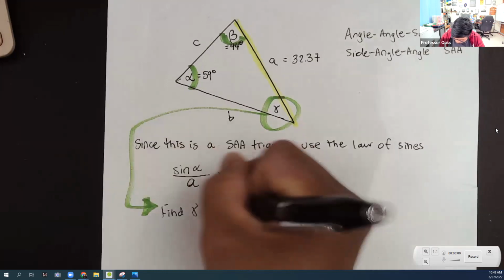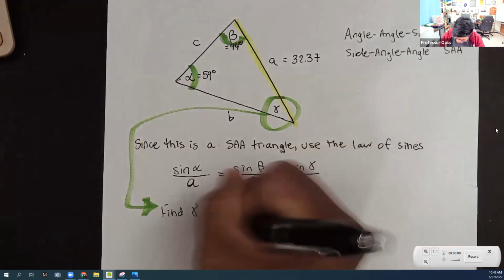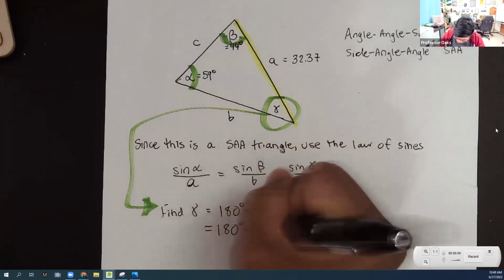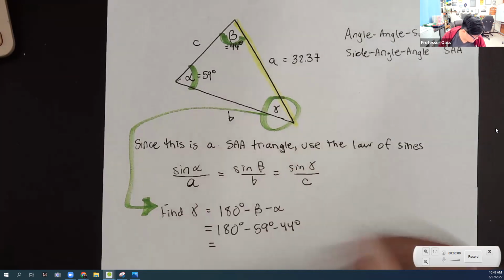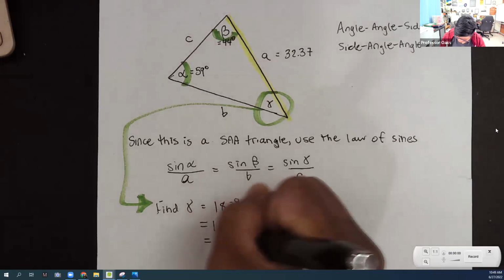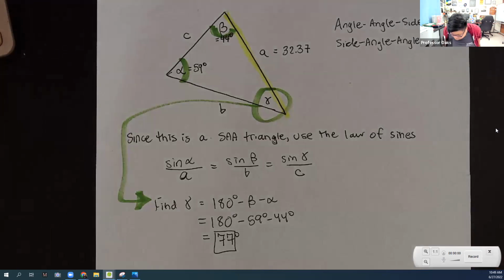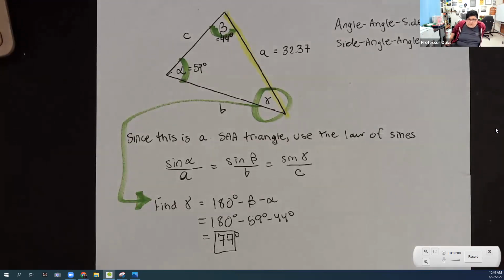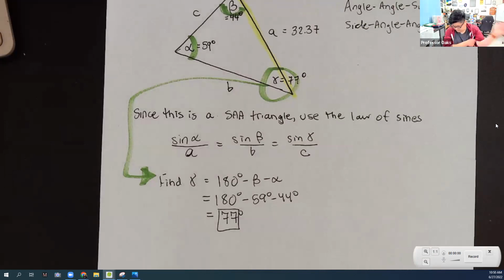Gamma is equal to 180 degrees minus beta minus alpha. So 180 degrees minus 59 degrees minus 44 degrees will be 77 degrees.